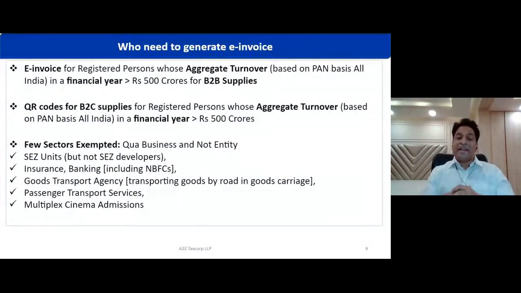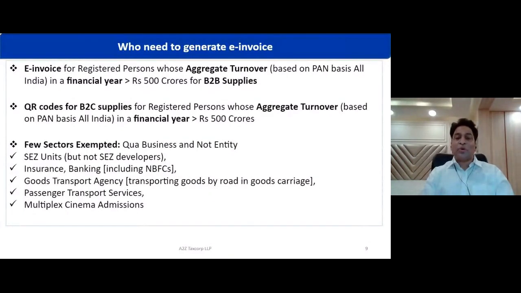Insurance and banking, including non-banking financial companies, are exempted. Goods transport agency is exempted. Passenger transport services are exempted. And multiplex admission is exempted. So these are the exclusions. They need not follow the e-invoicing provision.